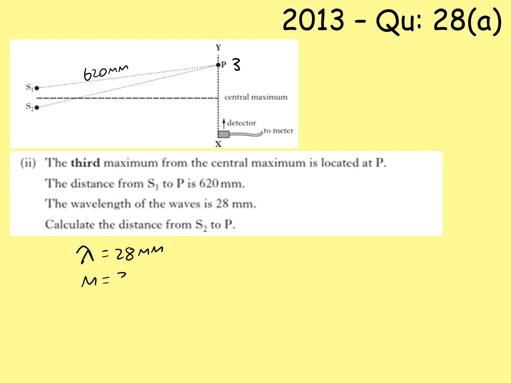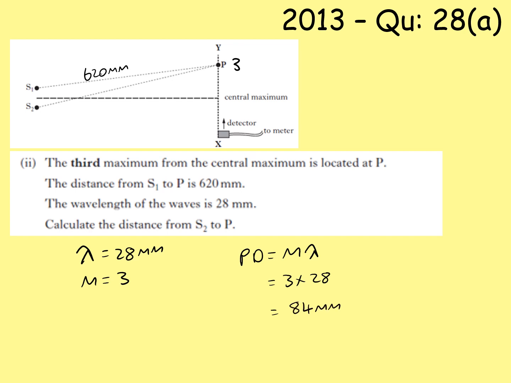So m is equal to 3. For a maxima, path difference is equal to m lambda, which is 3 times 28, which is equal to 84.